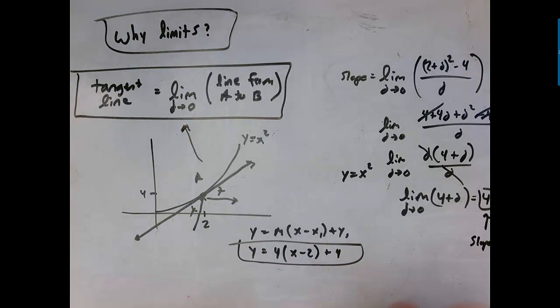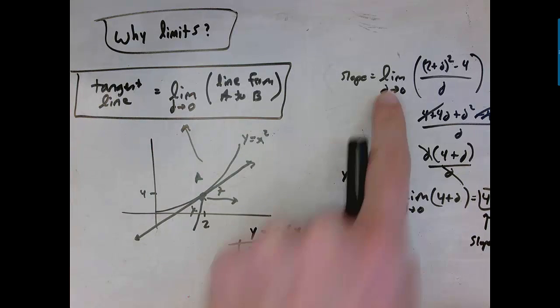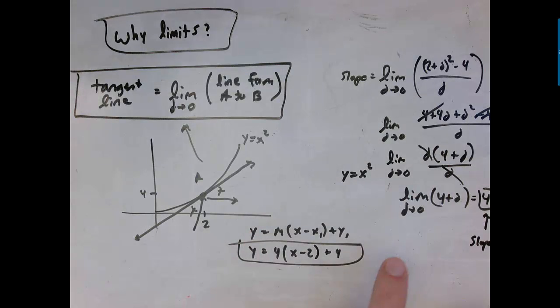Instead of trying to describe what you want directly, you describe a process that leads towards what you want, and limits will let you algebraically describe that process, and then you can evaluate what is the goal that this process is getting closer and closer to. That's it. Come back in the next video for a bunch of kind of ho-hum nuts and bolts tricks for doing this kind of algebra. But this idea about conceptually why you want limits, that's the powerful idea at the heart of calculus.